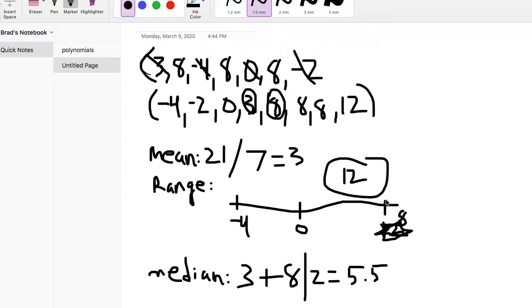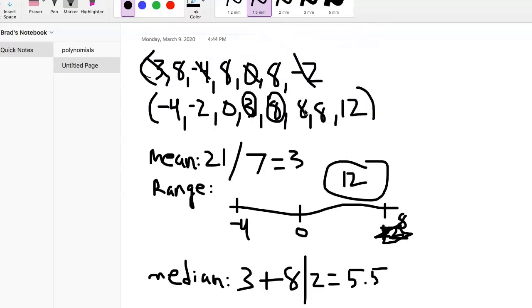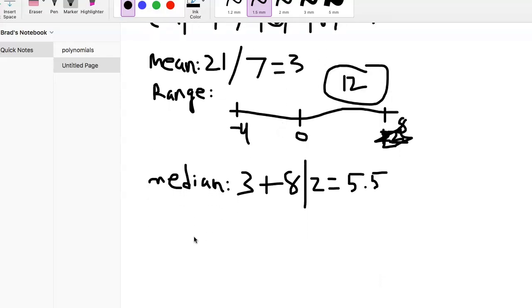So that's how you do it. If the total numbers are even, then you have to take the 2 middle numbers and divide by 2, because there isn't one middle number in an even data set. If the total number is odd, then you just take the one number that's right in the middle. And that's how you do median.